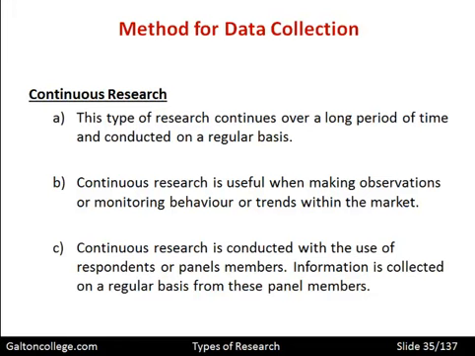But it could be done differently. It could be that a sample of the population is investigated in a particular time period, and that sample may be drawn randomly. It's very expensive to do and very complicated, but it could be drawn randomly. And perhaps a sample in a different time period could be drawn randomly and the two sets of results compared. That's another way of doing continuous research.